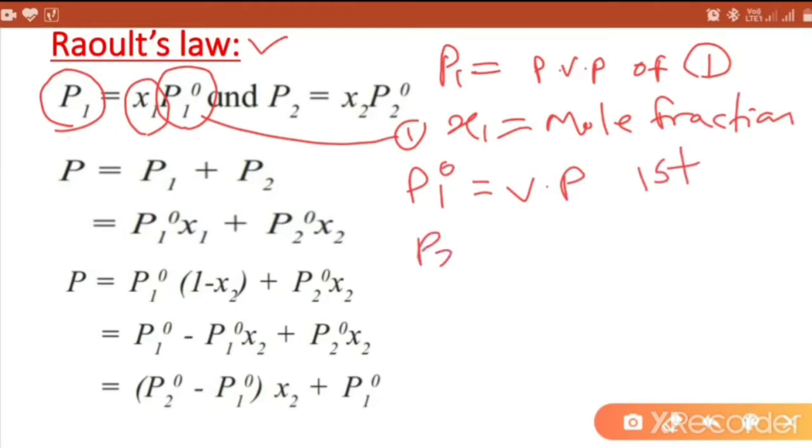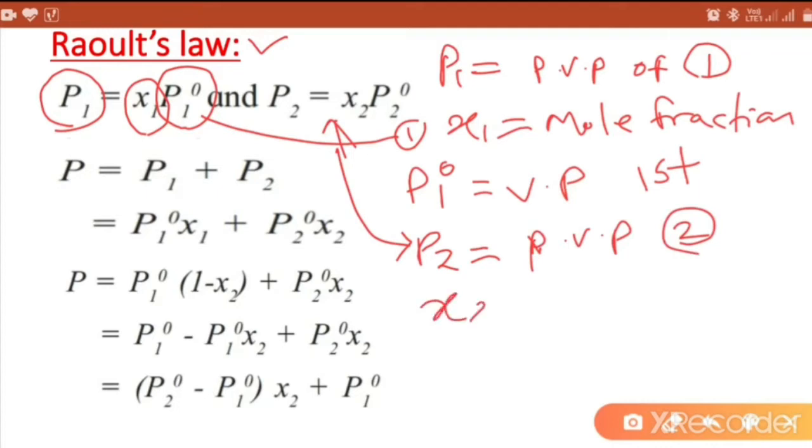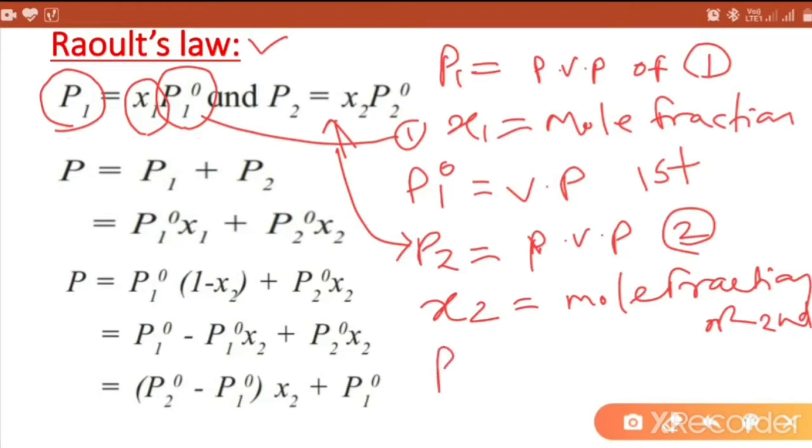In the second equation, P2 is the partial vapor pressure of the second component, X2 is the mole fraction of the second component, and P20 is the vapor pressure of the pure second component. So in this way, two equations are written according to Raoult's law.